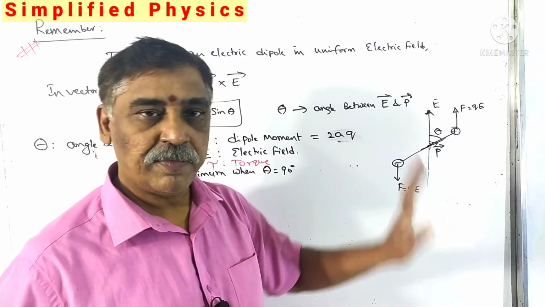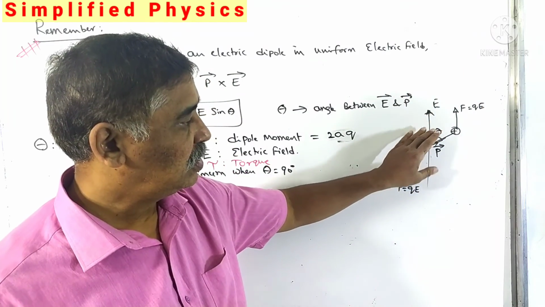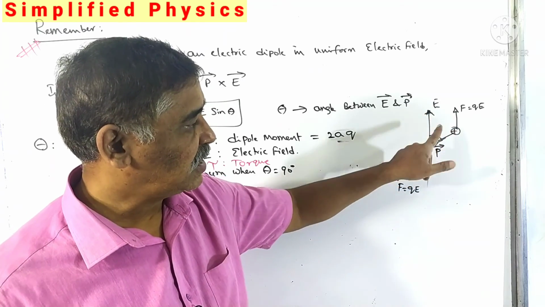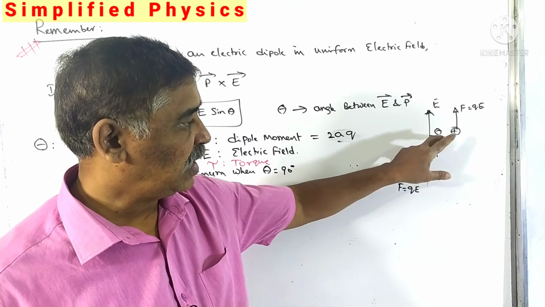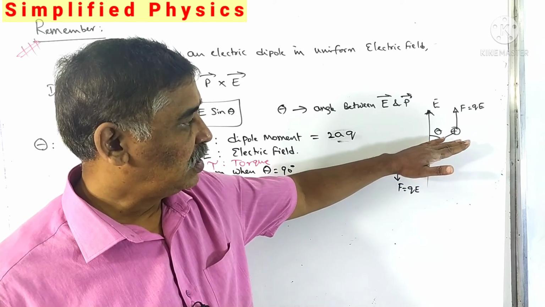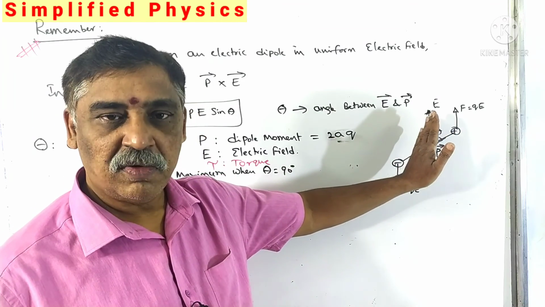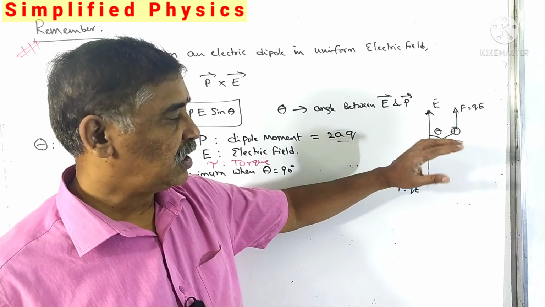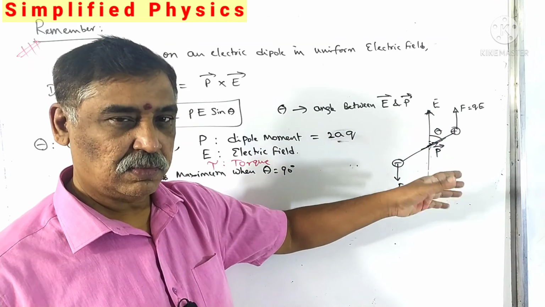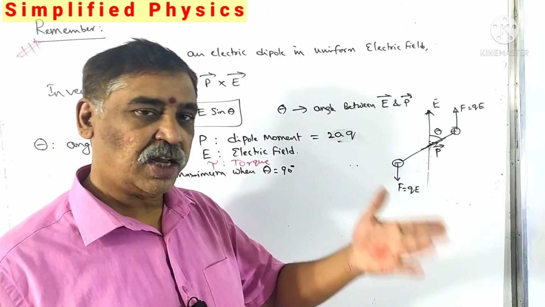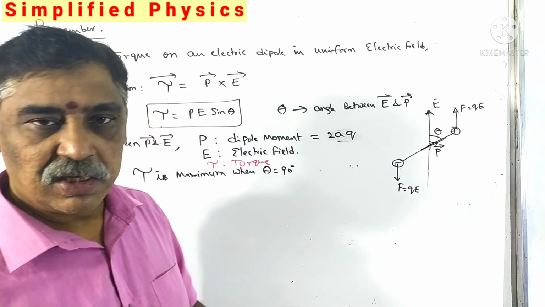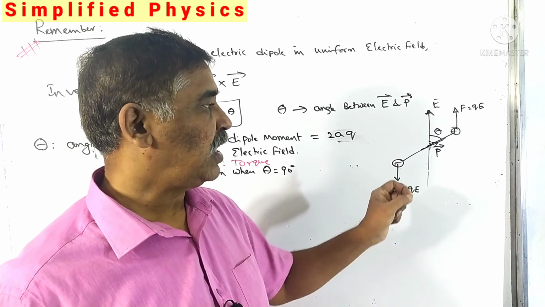If you rotate this dipole through an angle theta from the direction of the electric field and release it, the dipole tends to come back to the original direction. That rotating force we call torque, which you learned in first year PUC. How to calculate that?